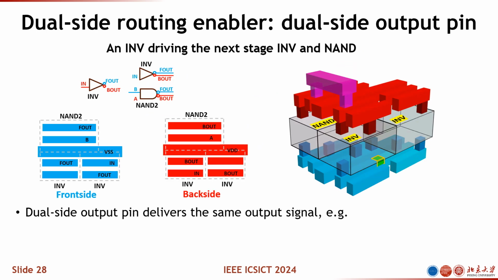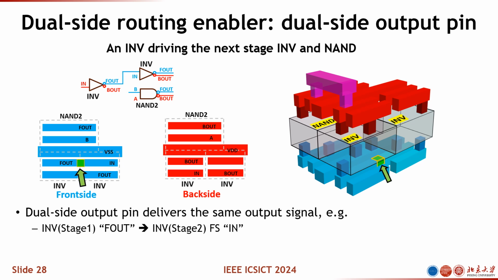Let's check this. Here I show a concept demo of an inverter being used as the first stage, driving the inverter and the NAND on the second stage. Because we have the input signal and the output signal on both sides of the wafer, the output pins can be on either side of the wafer.